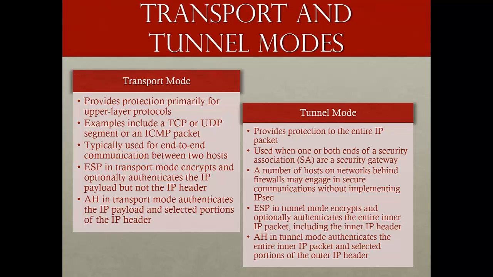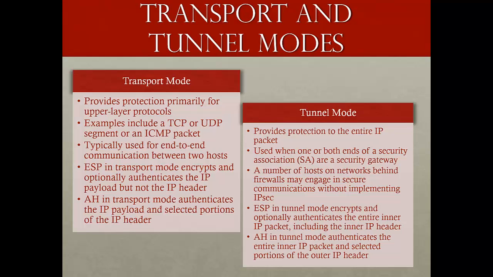That is, transport mode protection extends to the payload of the IP packet, and examples include a TCP or UDP segment or an ICMP packet, all of which operate directly above IP in a host protocol stack. Typically, transport mode is used for end-to-end communication between hosts, a client and a server, or two workstations.